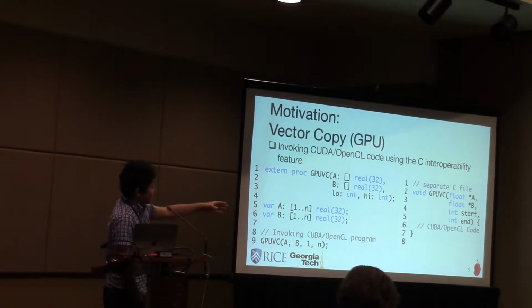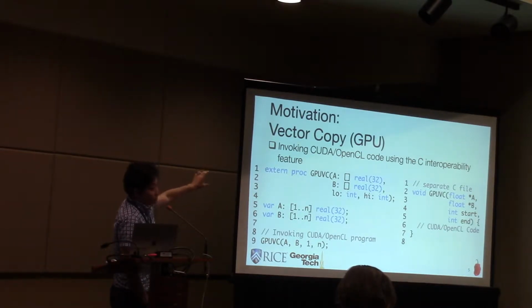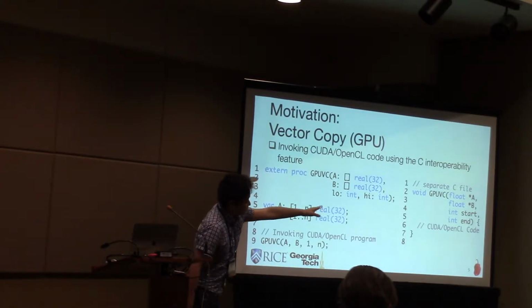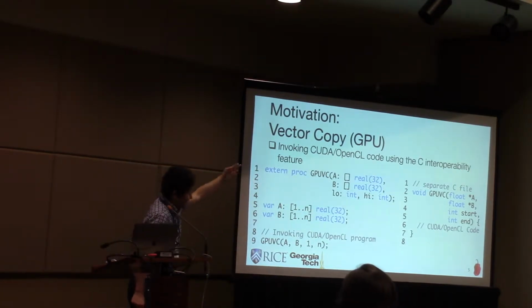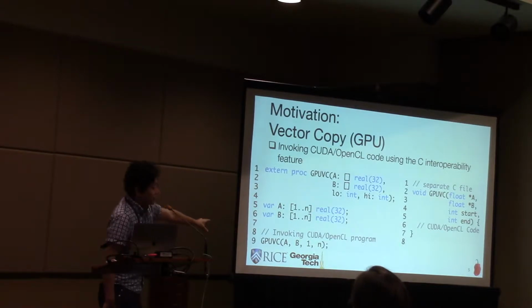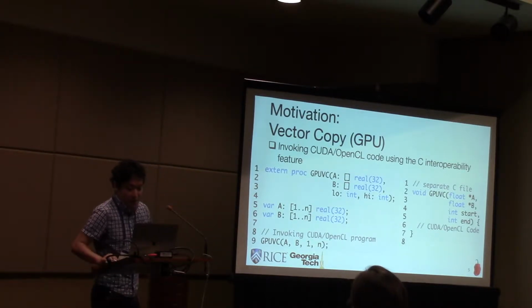You can also declare the specification of the function in the Chapel code, and you can just invoke it from the Chapel side. Say we have a GPU vector copy function here, and you can declare the external function declaration here, and you can invoke it from the Chapel side, which is actually great.